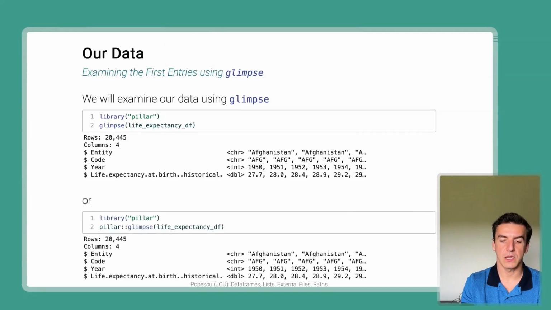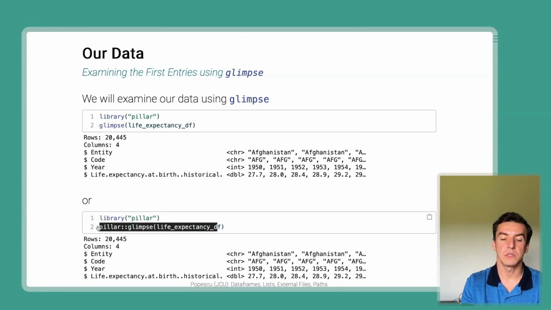Let us quickly look at life expectancy too. Sorry, this is the same thing. The point of this is to show that you can also access specific functions within a library by doing this: pillar, colon, colon, glimpse.